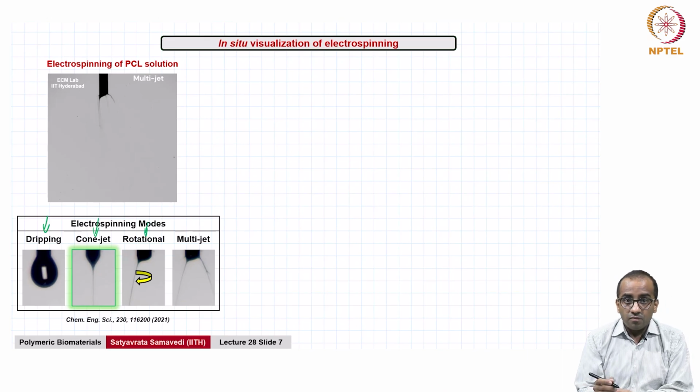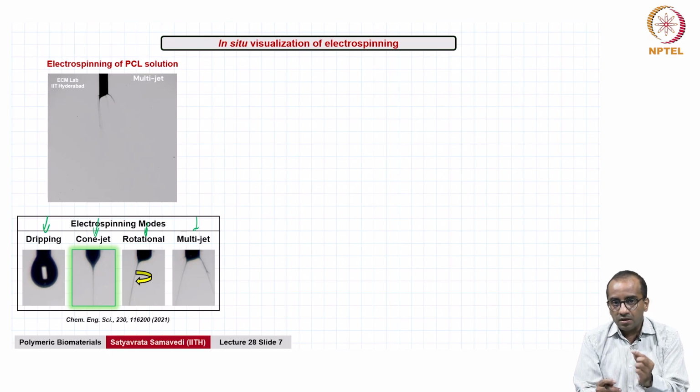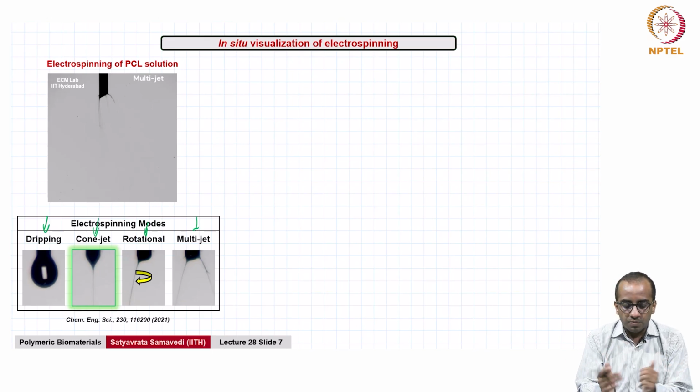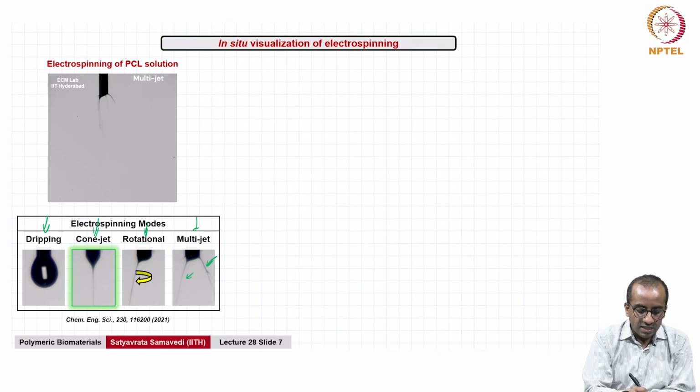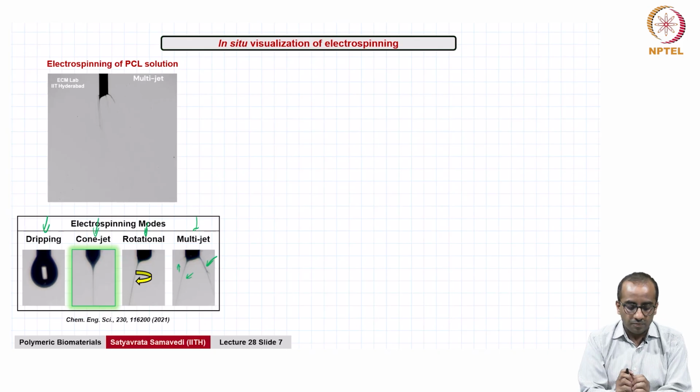With further increase in voltage, you get this rotational mode, where the entire cone jet rotates, and that is a transition mode from cone jet to multi-jet. With further increase in voltage, the charge density becomes very high, so the single jet is unable to sustain the charges, and the jet starts to split. So you get this multiple jet mode.